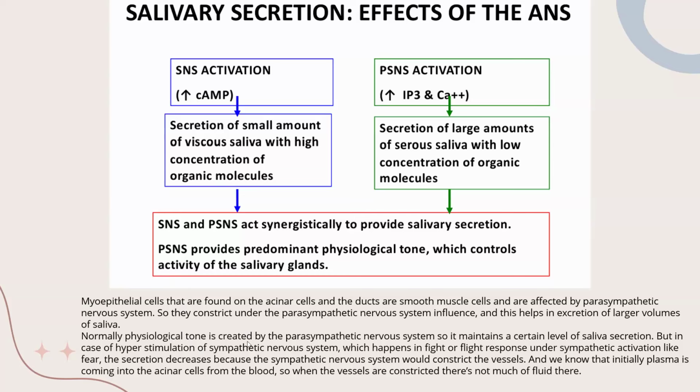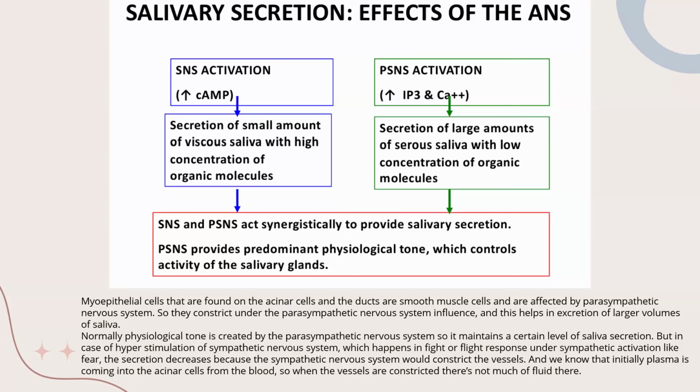So the physiological tone is created by parasympathetic nervous system normally. So it maintains a certain level of saliva secretion. So what's the predominant physiological tone of salivary secretion? Parasympathetic nervous system.